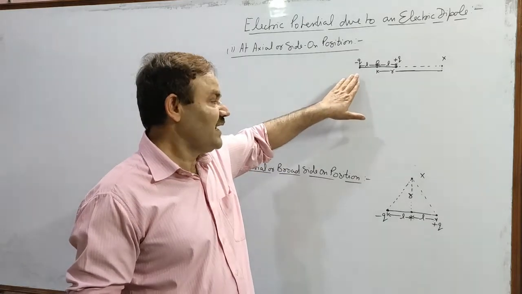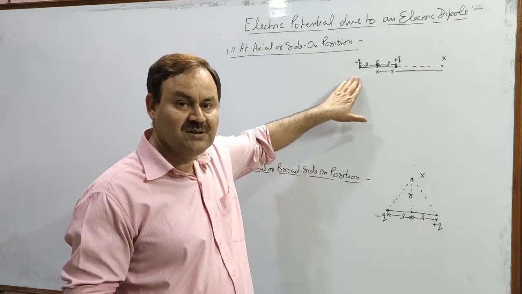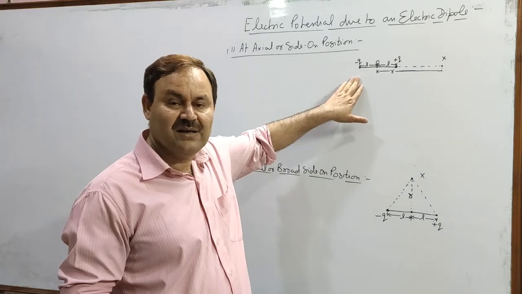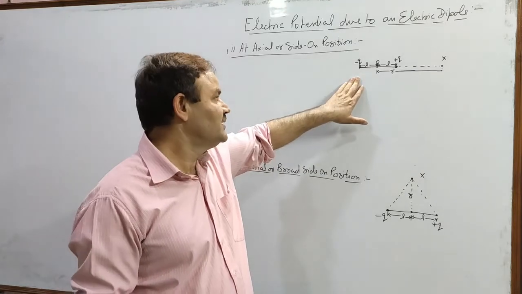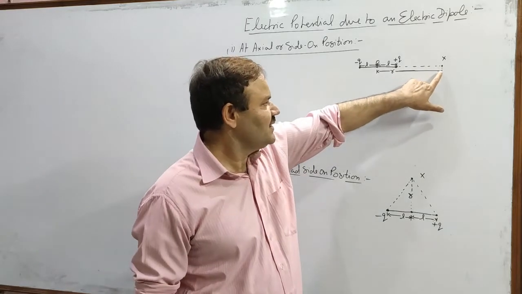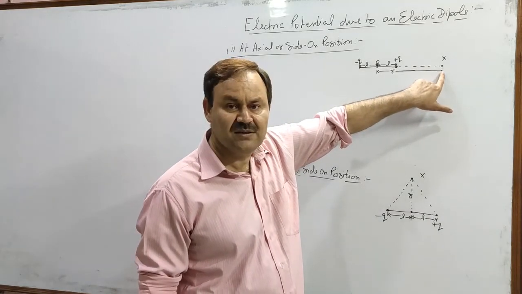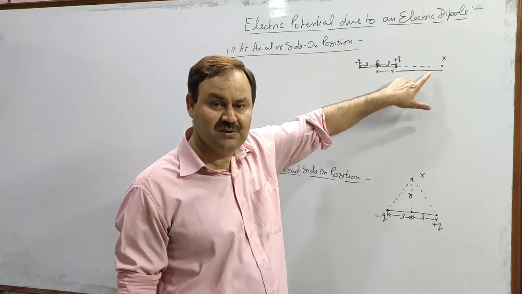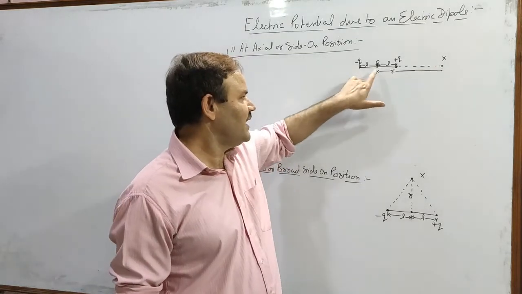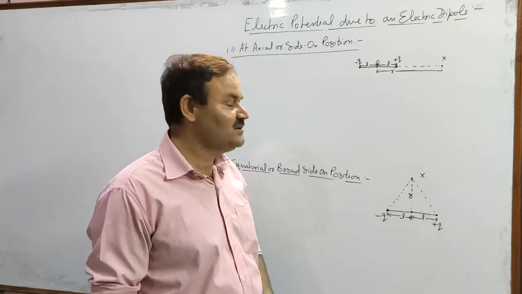First, at the axial position, say here is a point X on the axis of the dipole, distant r from its center.